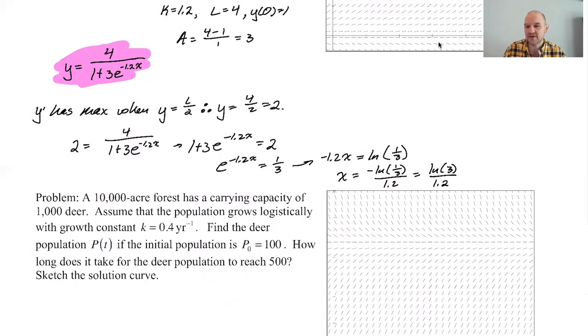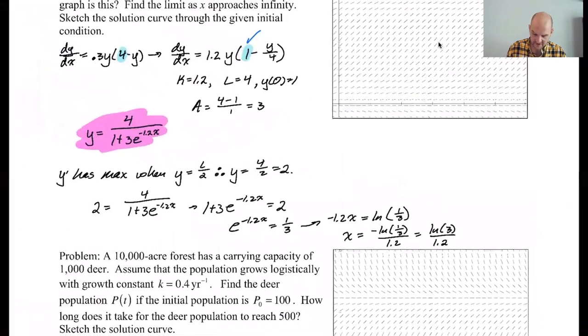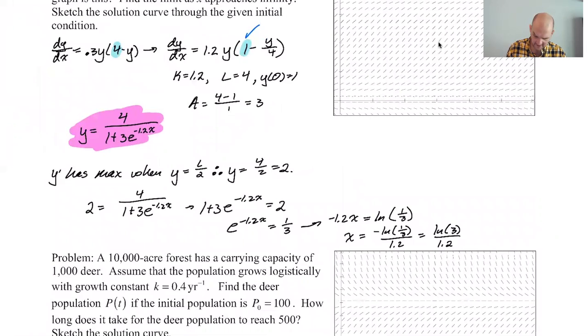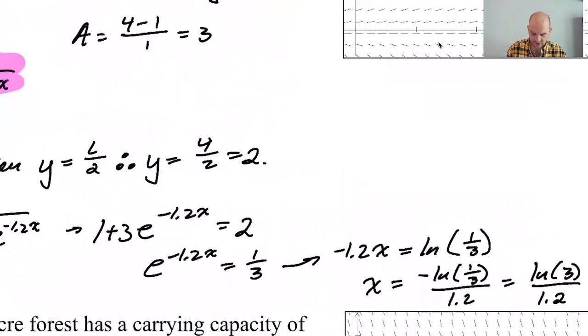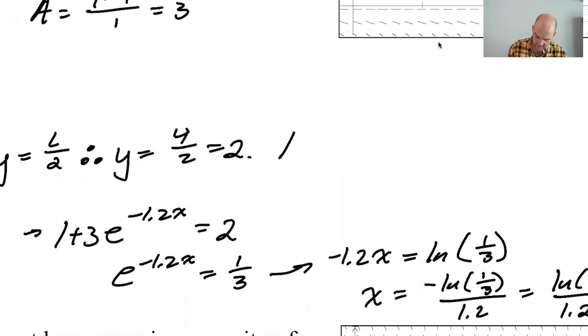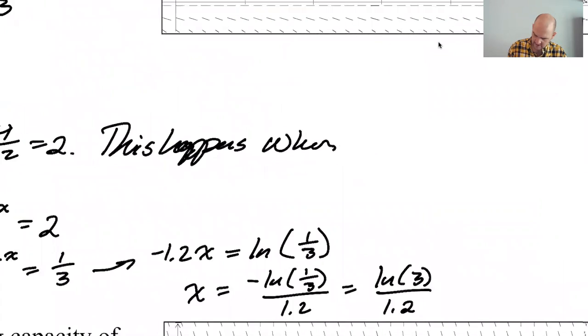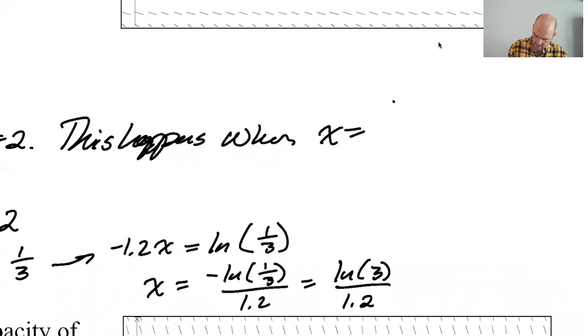But I don't have that memorized. It looks like that, but without doing it, which wouldn't take very long, I'm not sure that's true, but I'm pretty sure. So this happens when x equals the natural log of 3 over 1.2.